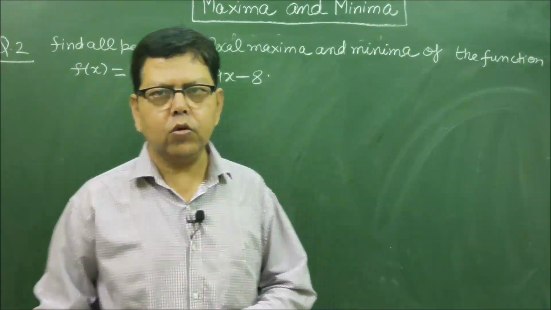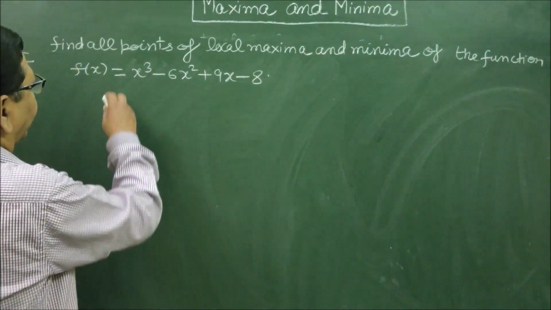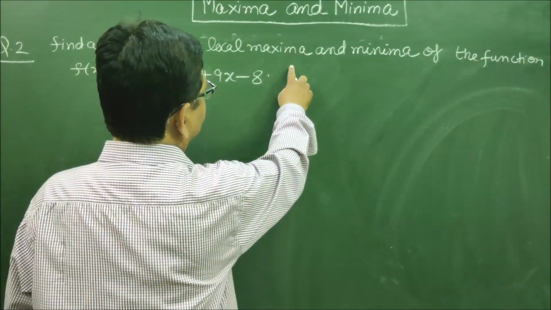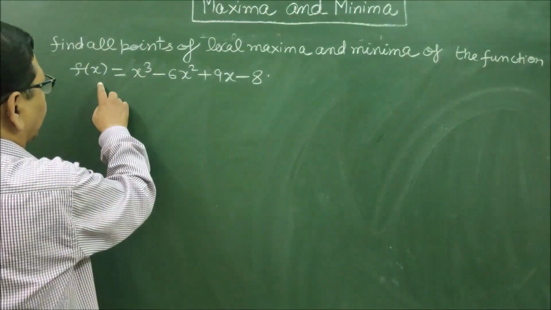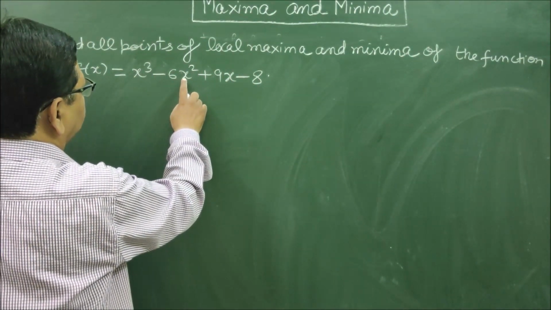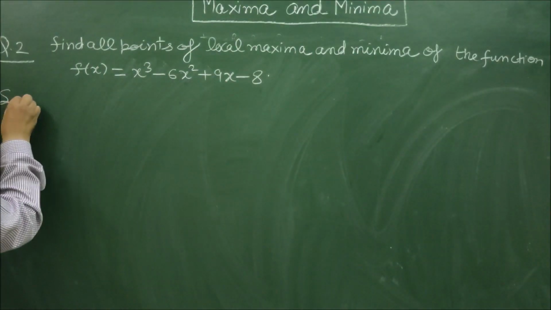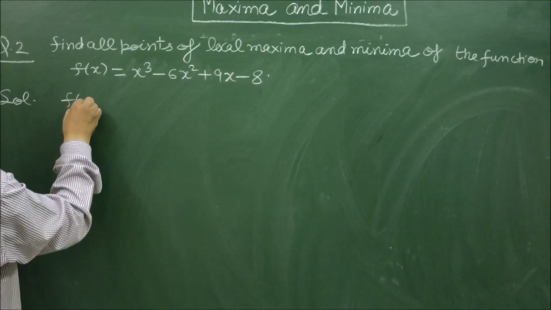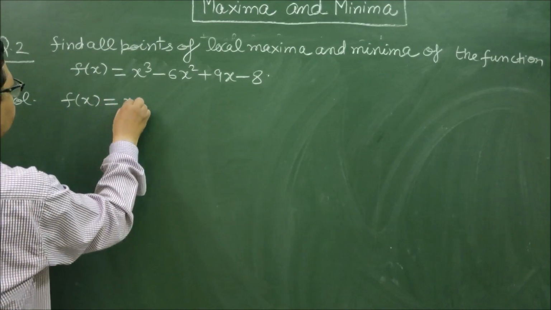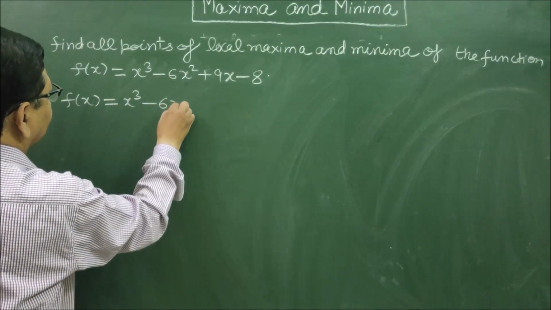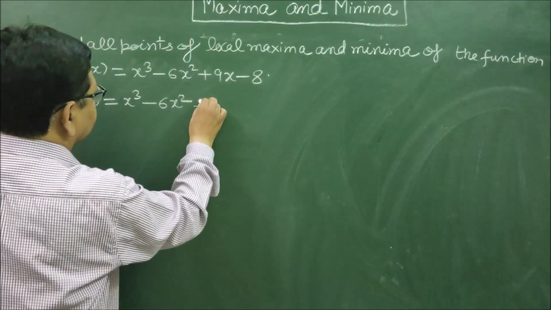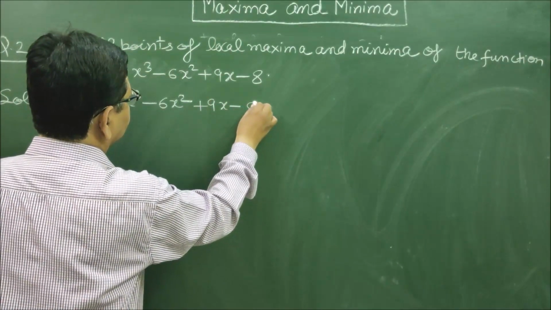Next question, question number 2. Find all points of local maxima and minima of the function f(x) = x cube minus 6x square plus 9x minus 8. The given function is f(x) = x cube minus 6x square plus 9x minus 8.